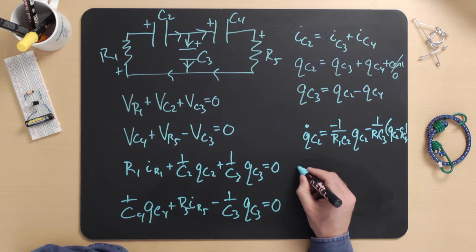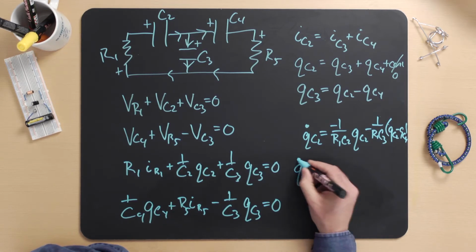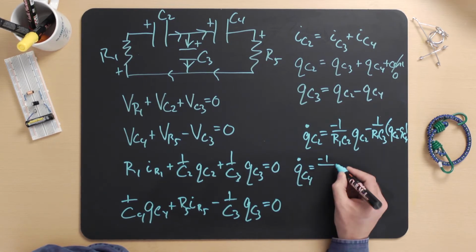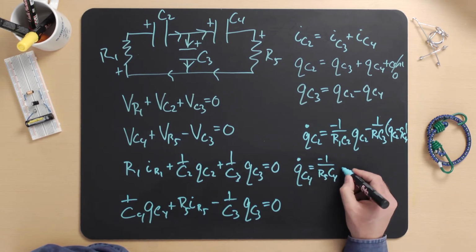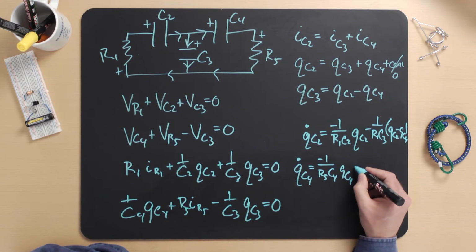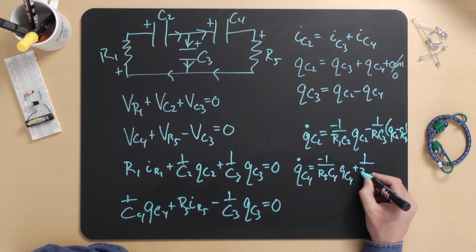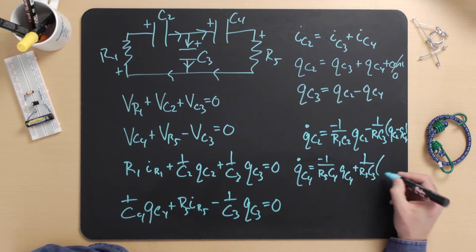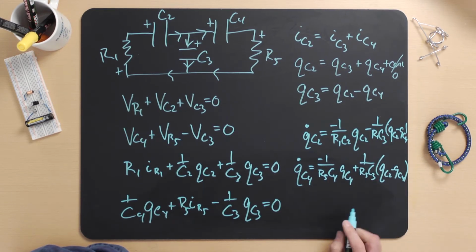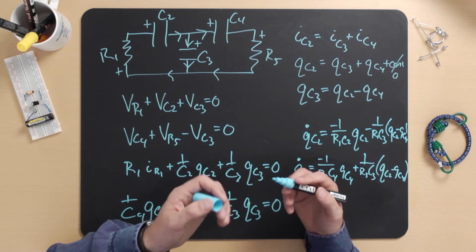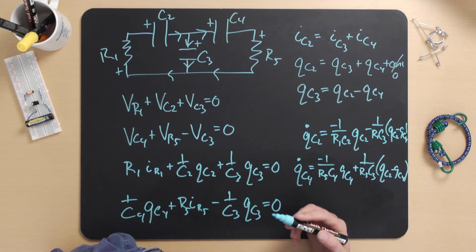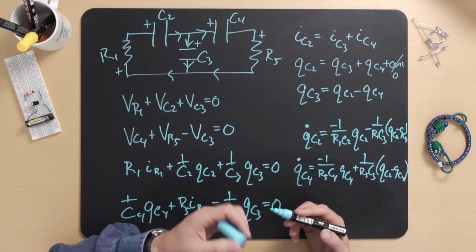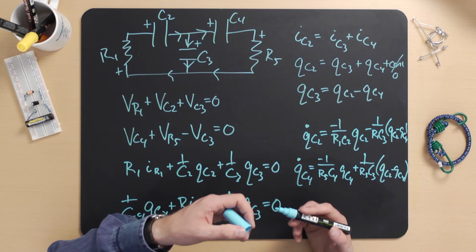The other equation that I get is QC4 dot is equal to minus 1 over R5 C4 times QC4 plus 1 over R5 C3 times QC2 minus QC4 again. This is a linear, constant coefficient, first-order ODE. I could write this in vector and matrix notation by choosing the state to be W equals QC2 and QC4.